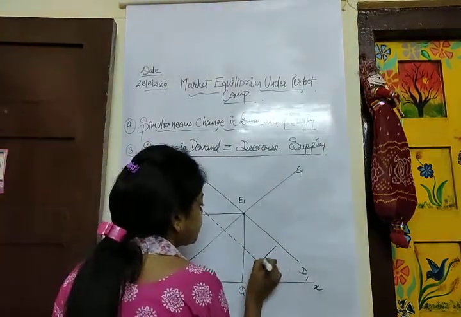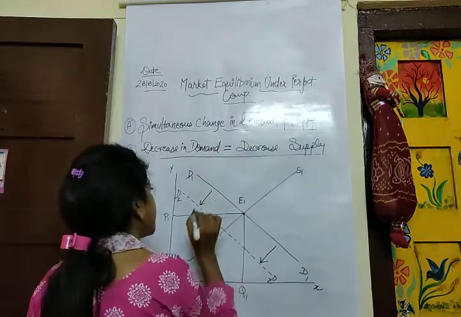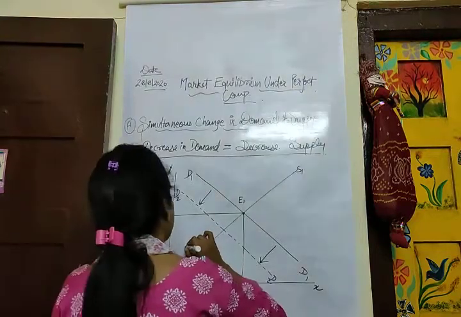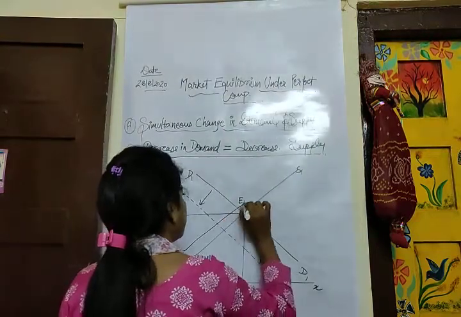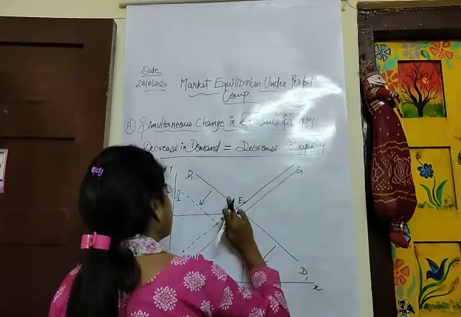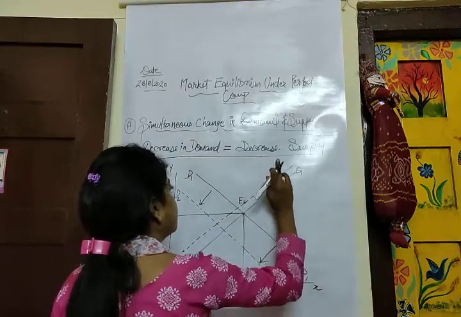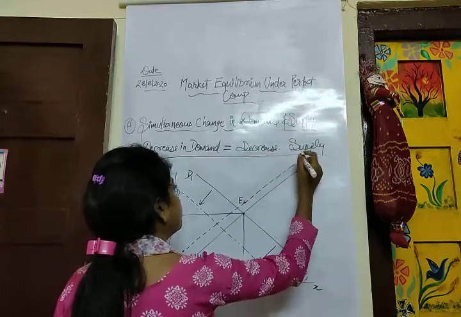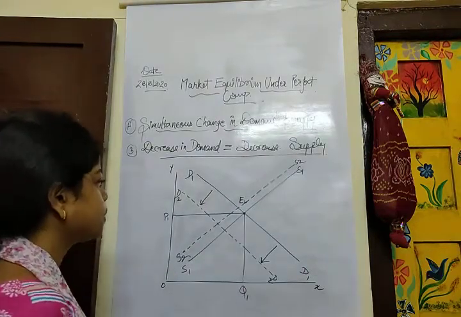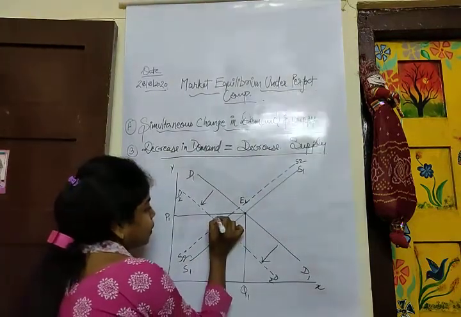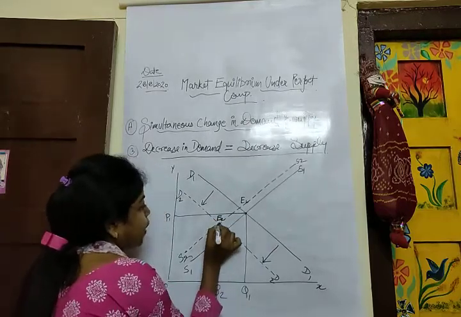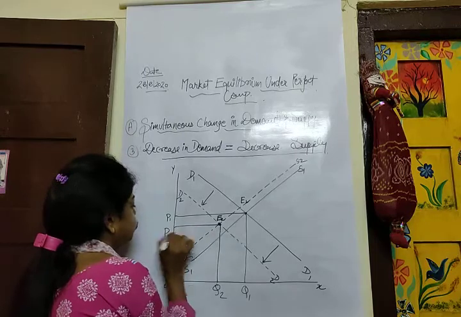But if the demand is decreasing like that, supply will decrease less than the decrease in demand. So supply will decrease like that. It is S2. Where is the next intersection point? The next intersection point is this. It's P2, and this is Q2.